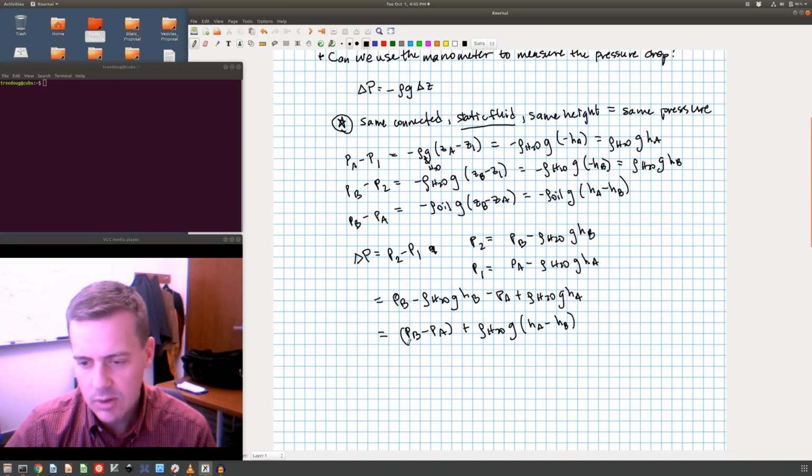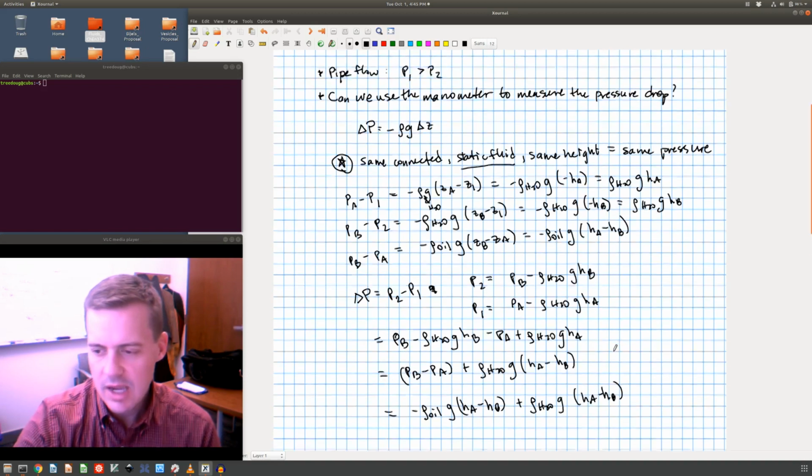Now I'm going to take this piece, and I have it right here, which is minus rho oil G HA minus HB in parentheses, plus rho H2O G HA minus HB.